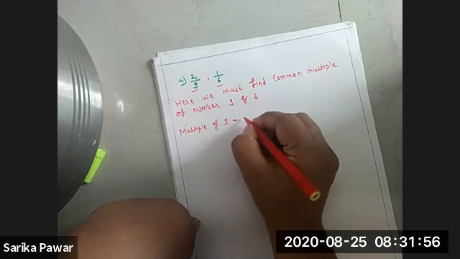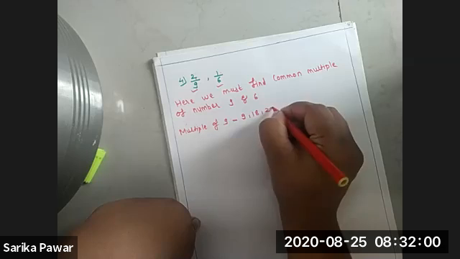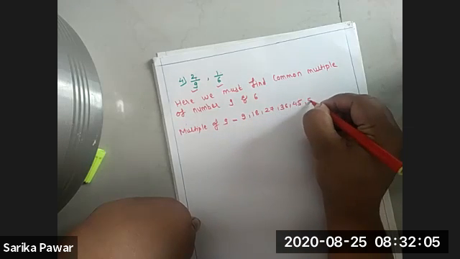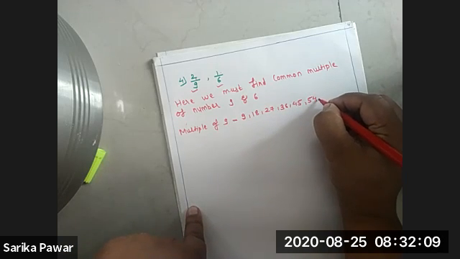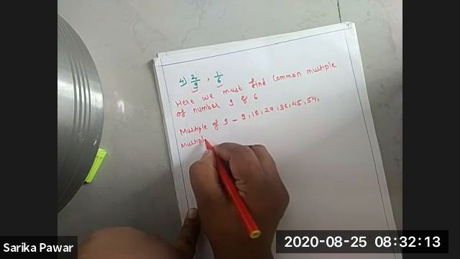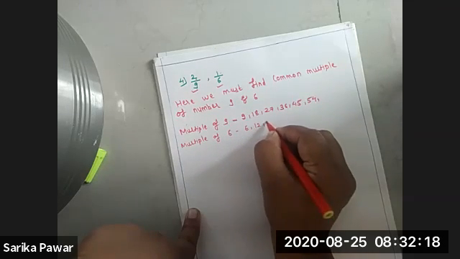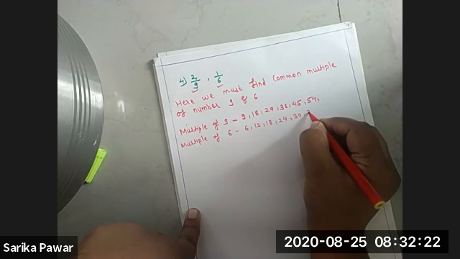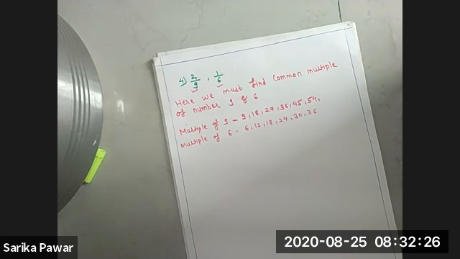So you have to write table of 9. Write down table of 9. Here you have to write multiples of 6. Just find out the common multiple from the given tables.